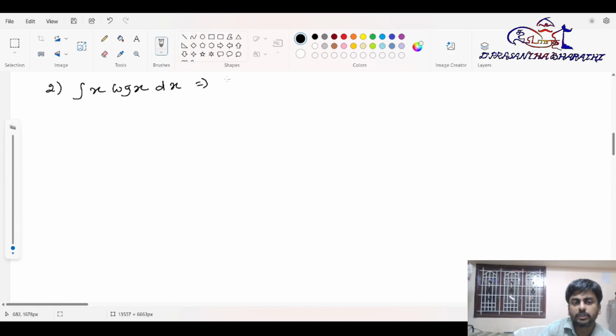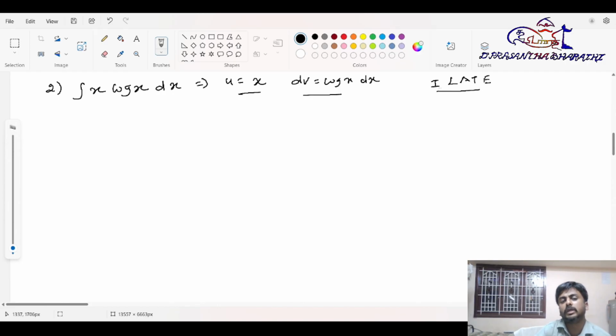So here, what is u equal to x, dv equal to log x dx. The problem here is the order: I can choose u equal to x, but in the hierarchy ILATE for choosing u, the logarithmic term appears first and the algebraic term appears next.